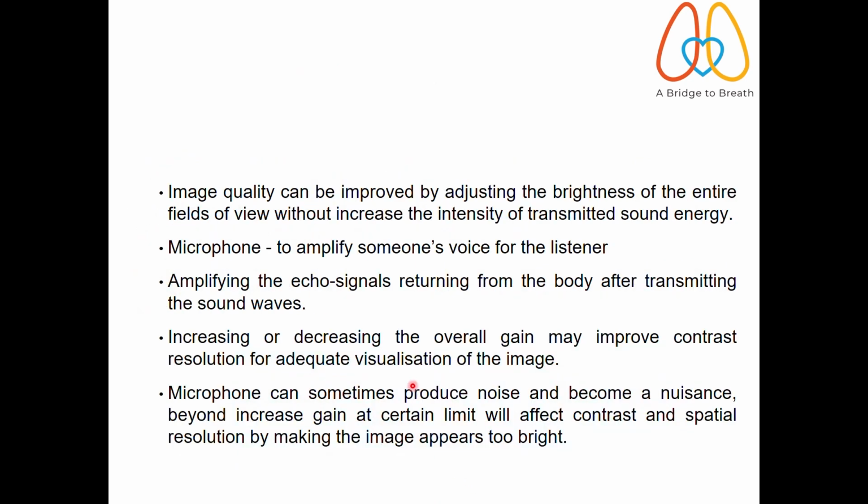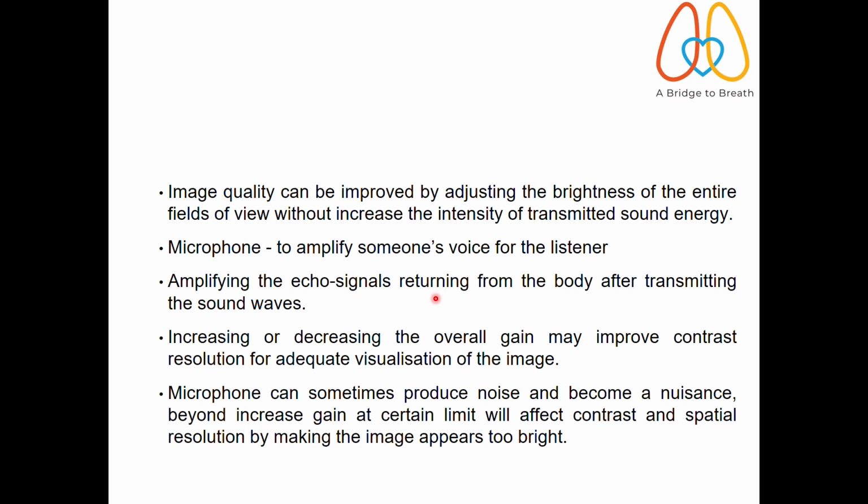The image quality which you see on the screen is improved by adjustment of the brightness of the field, and the gain. You see the microphone, right? The microphone amplifies your sounds. If I want to speak with you, my voice is not going to go beyond. So this microphone amplifies my tone, my voice, and it reaches beyond that.